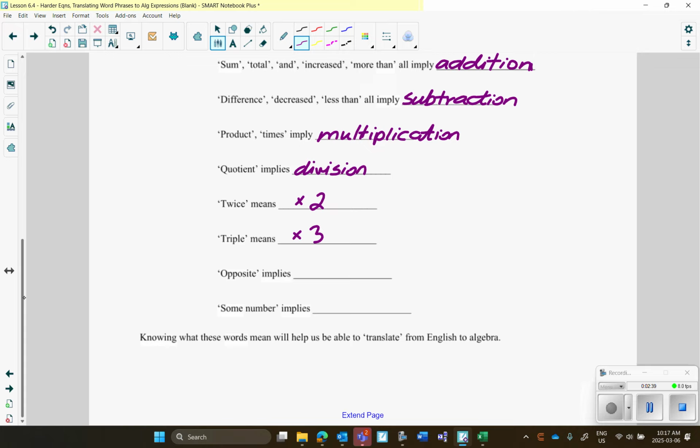Opposite. If I asked you, what's the opposite of 7? -7. What's the opposite of -11? +11. So opposite means change sign.